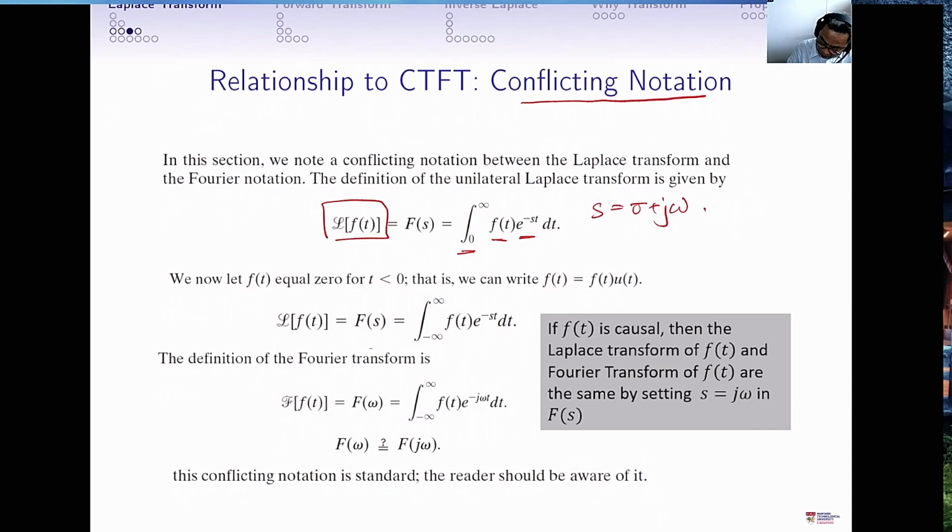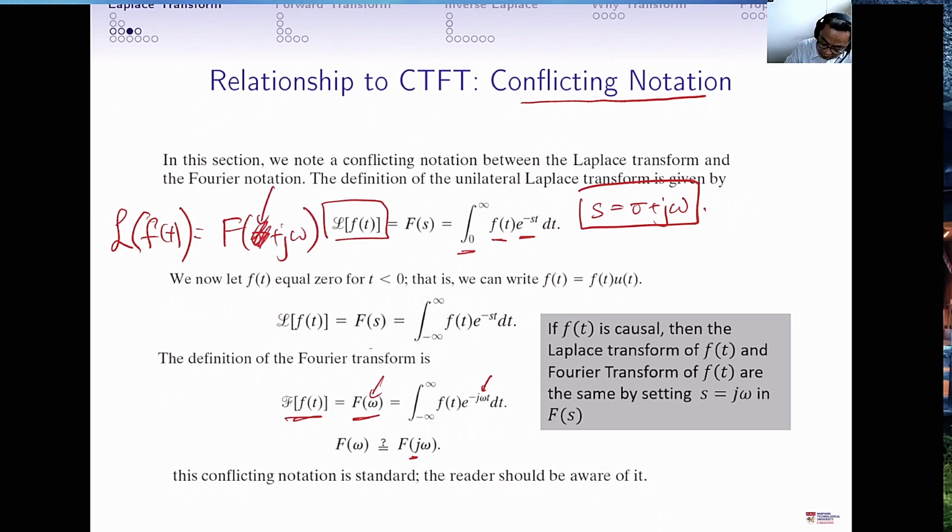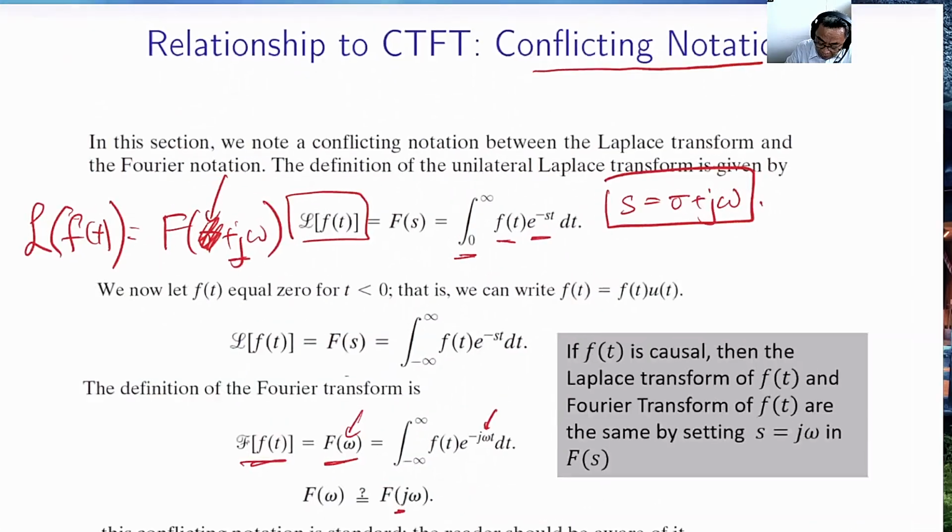Now, when we say the Fourier transform of f(t) is F(omega), then this omega is put in here. We did not put j here, because if we want to be like the Laplace, we should be saying the Laplace transform of f(t) is equal to F(sigma plus j omega). Now when sigma is 0, we can ignore that, and the notation leaves us with j omega.